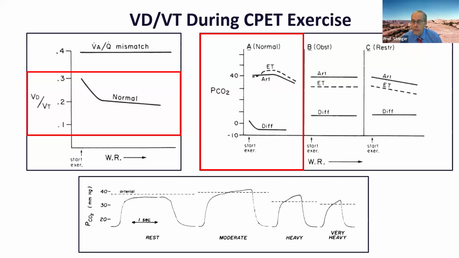What I would do if you have a large difference between the arterial and end tidal on a non-invasive test would be to actually do an invasive test and confirm it, because the transcutaneous CO2 does have some limitations, but it's a nice way to do things non-invasively and not to stick the patient.